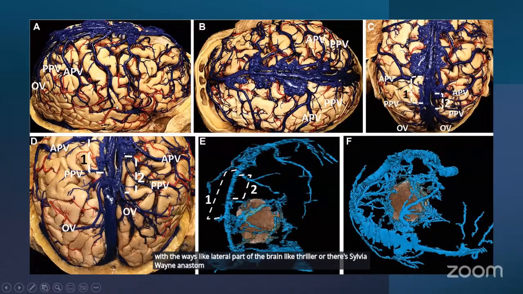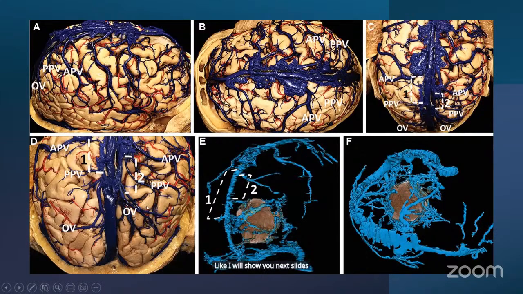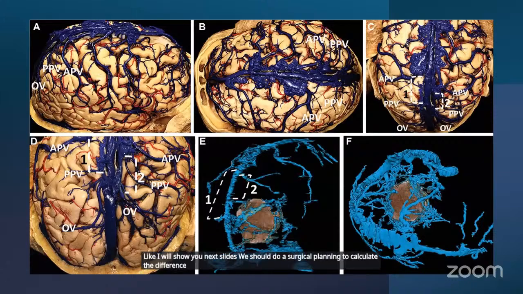And the second part is when we want to do an interhemispheric approach from posterior, like I will show you in the next slides. We should do surgical planning to calculate the difference between two veins, like here, the posterior parietal vein and occipital vein, or the anterior parietal vein and posterior parietal vein.